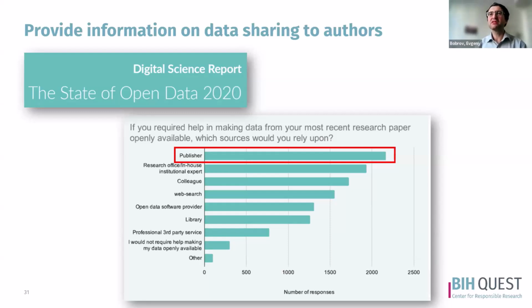So I'm aware that this is a survey done by publishers, so there might be a bias, but I think there's at least an indication that researchers want publishers to provide this information and trust publishers in doing so.